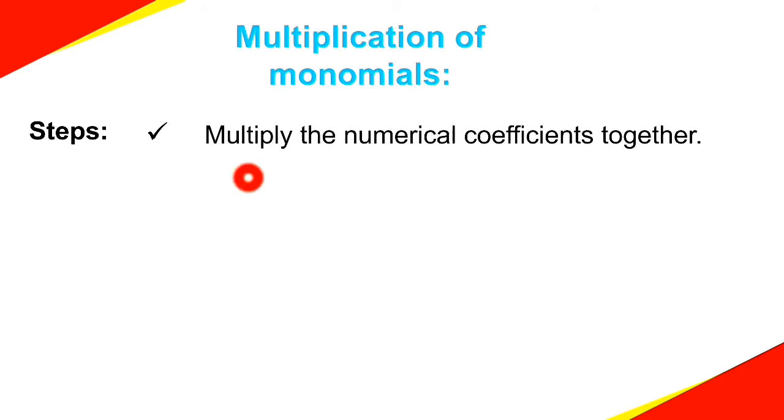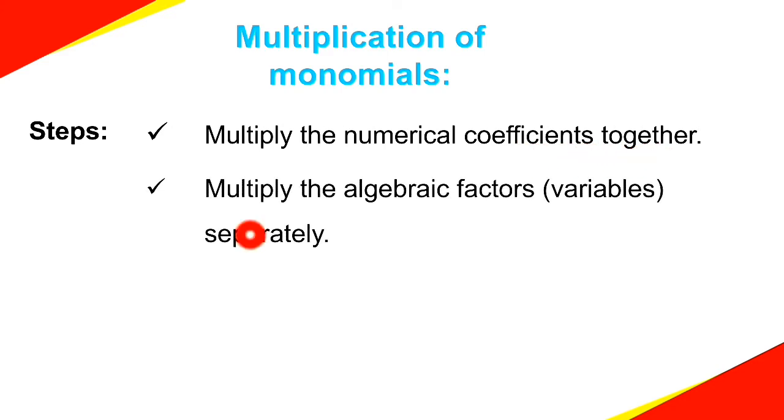Multiplication of monomials. The first step you are going to say, multiply the numerical coefficients together. Multiply the algebraic factors, factors in the sense variables, separately.